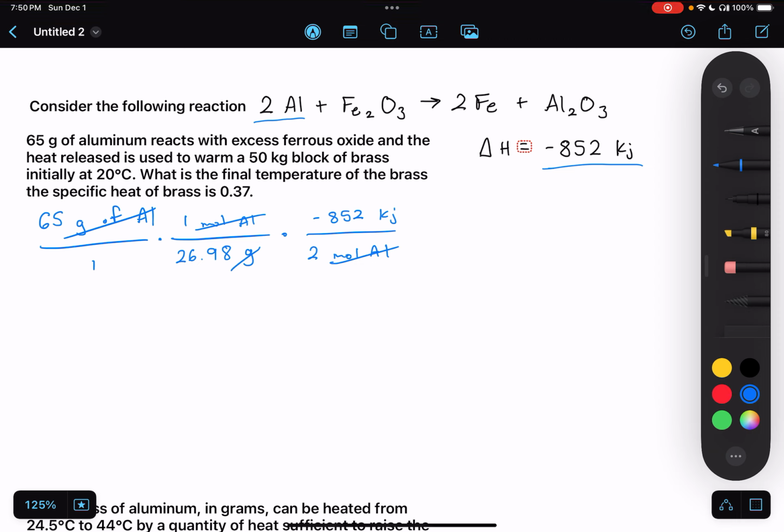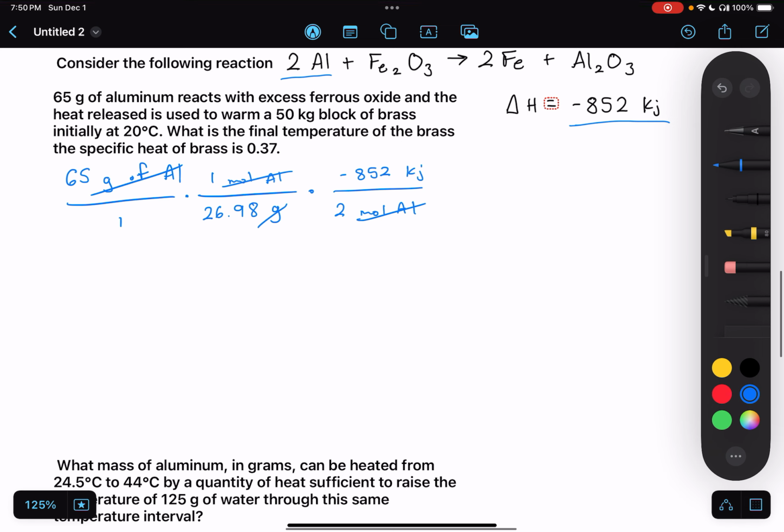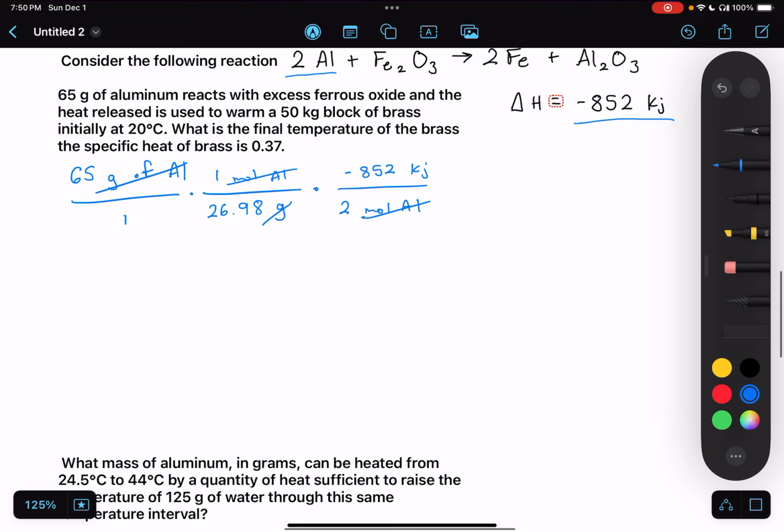Sorry, negative 852, because we got heat released. So we lose heat, that's going to be a negative number. That gives 1026.66, so this equals negative 1026.66 kilojoules.